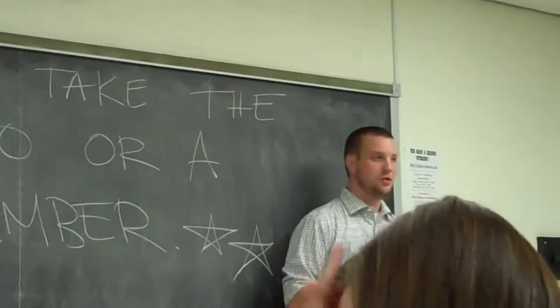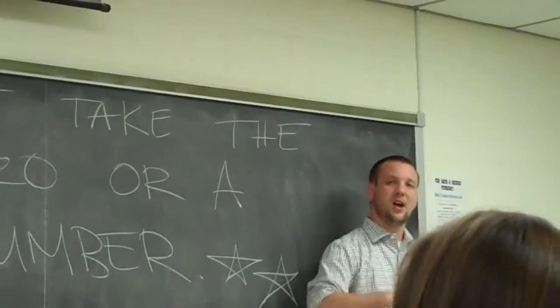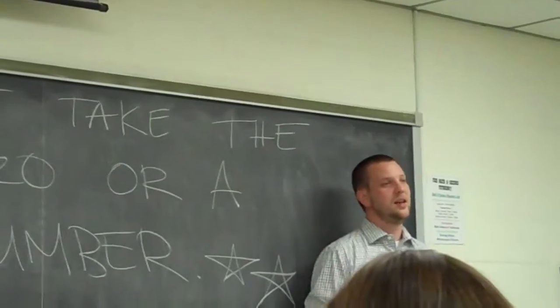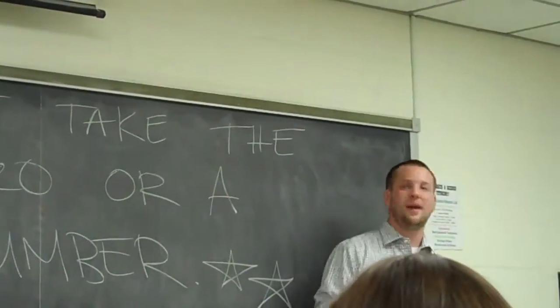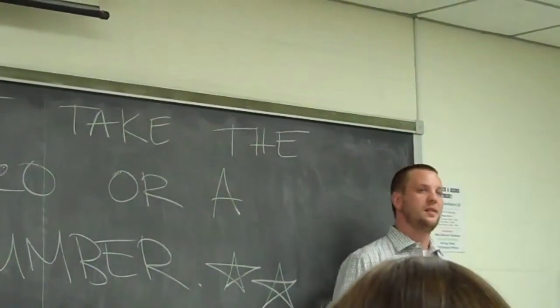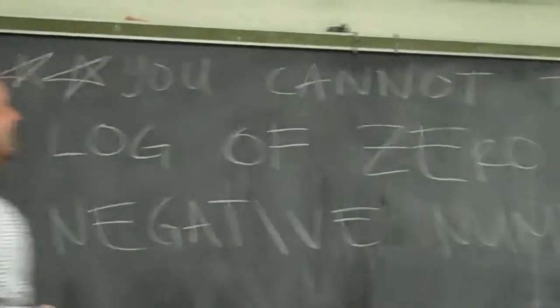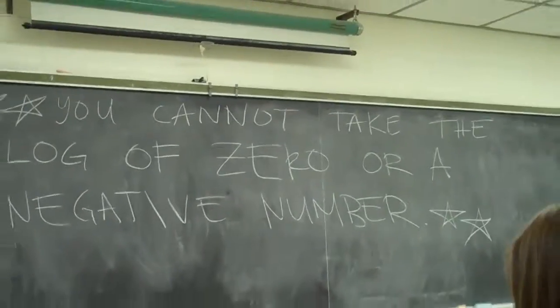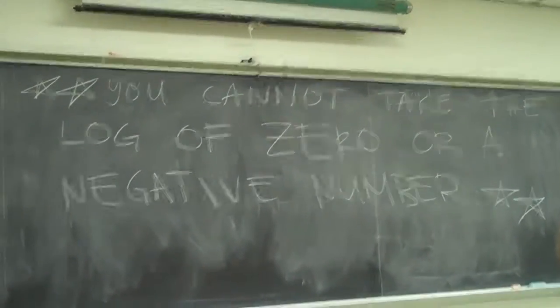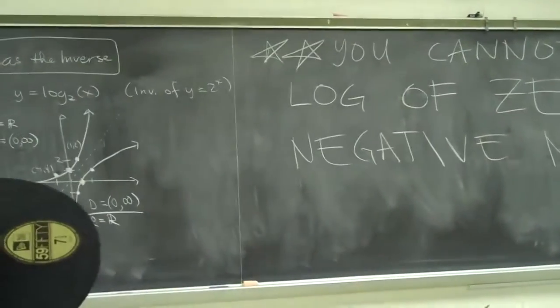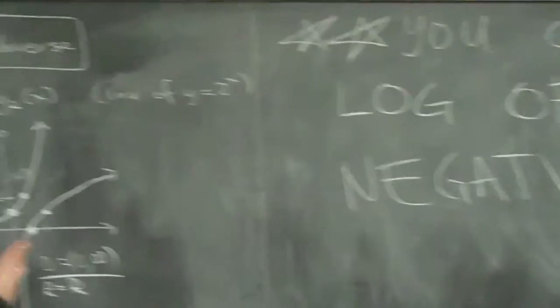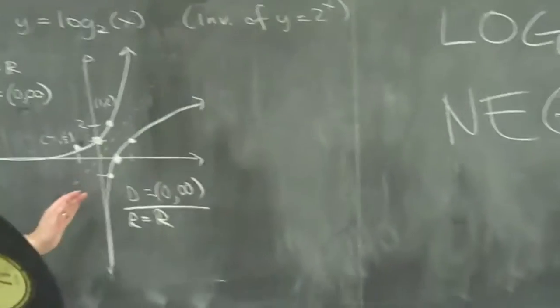We're going to have to toss out the solutions that would make us take the log of 0 or the log of a negative number. They're not solutions. You can't take the log of 0 and you can't take the log of a negative number. And that's what this graph has right here. I have no log function over here.